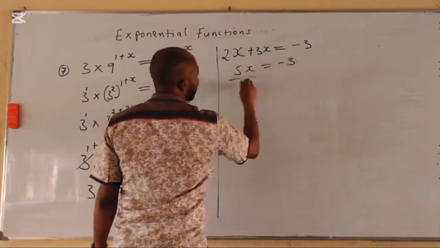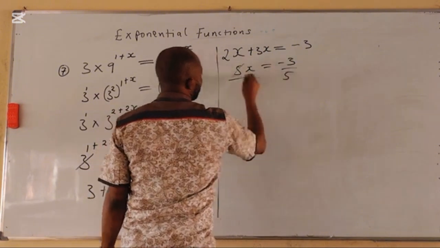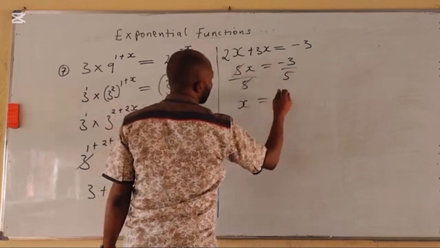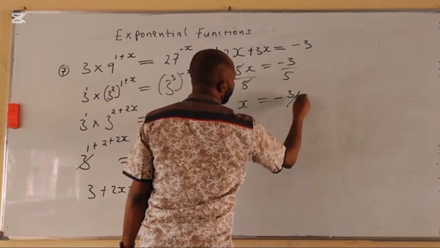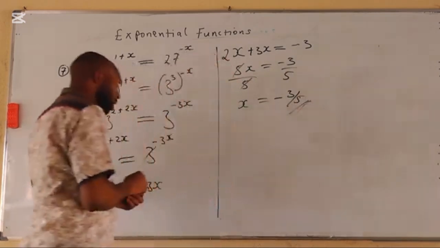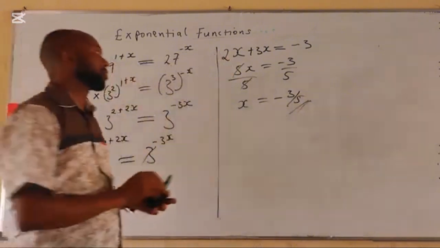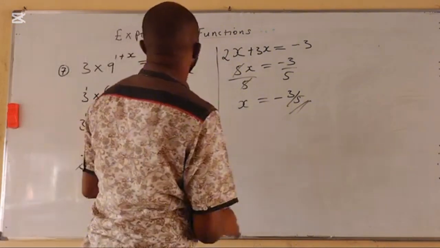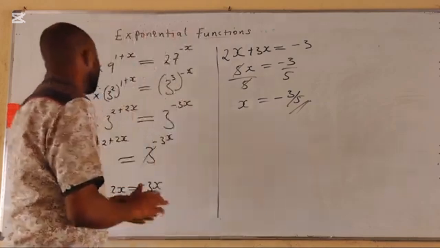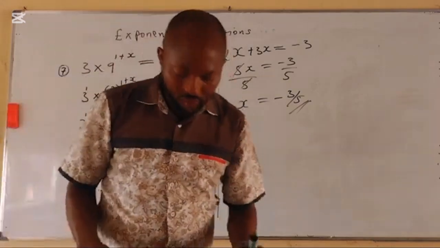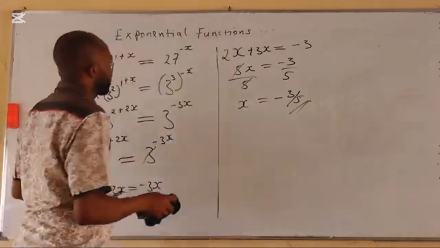Divide both sides by 5. Cancel. x is equal to minus 3 over 5. So that is our x. Now let us proceed. Let's take another question, the 8th question.